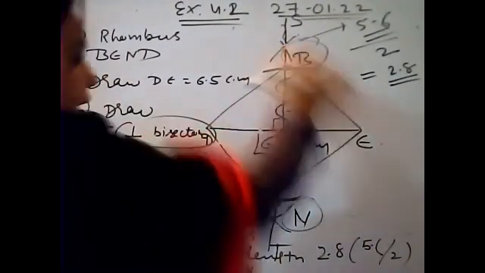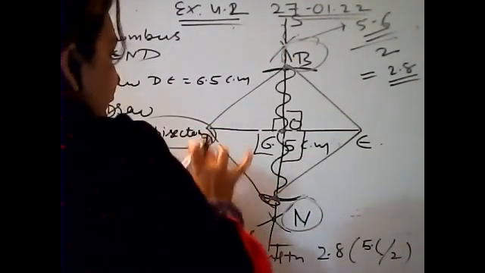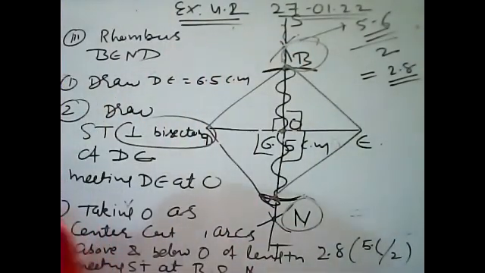Join BE, EN, ND and DB. So BEND is the required rhombus.